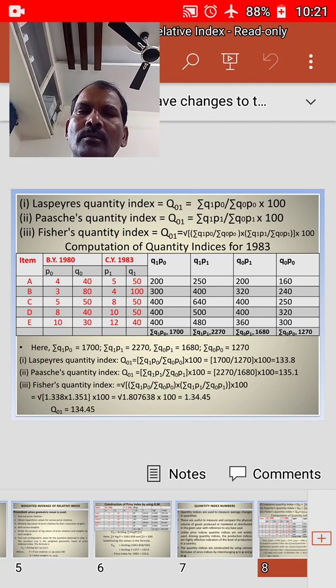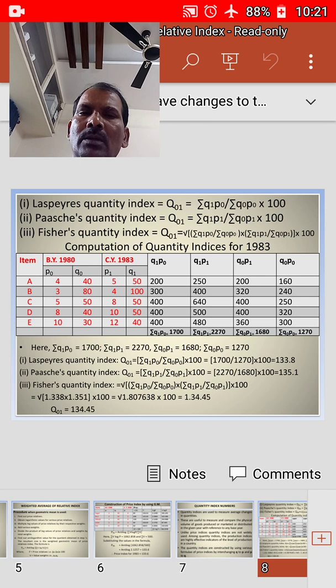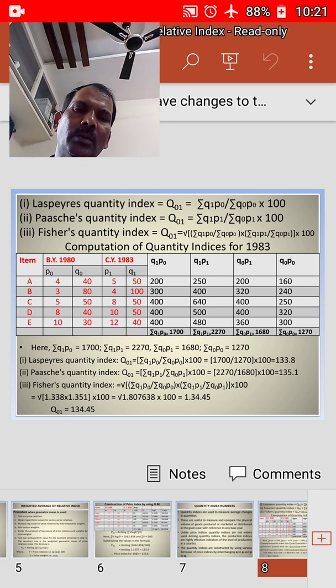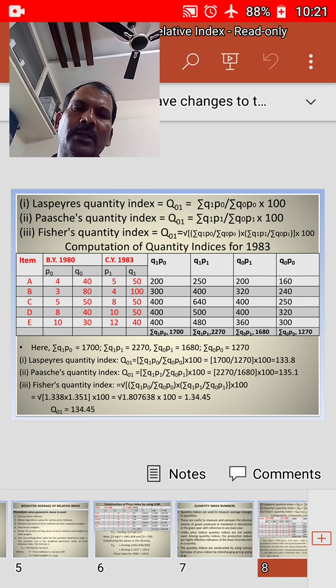Now Q0 P0, that means base year quantities multiplied with base year prices: 40 into 4 is 160, 3 into 80 is 240, 5 into 50 is 250, 8 into 40 is 320, 10 into 30 is 300. If you add Q1 P0, you will get sigma Q1 P0, which is equal to 1700.